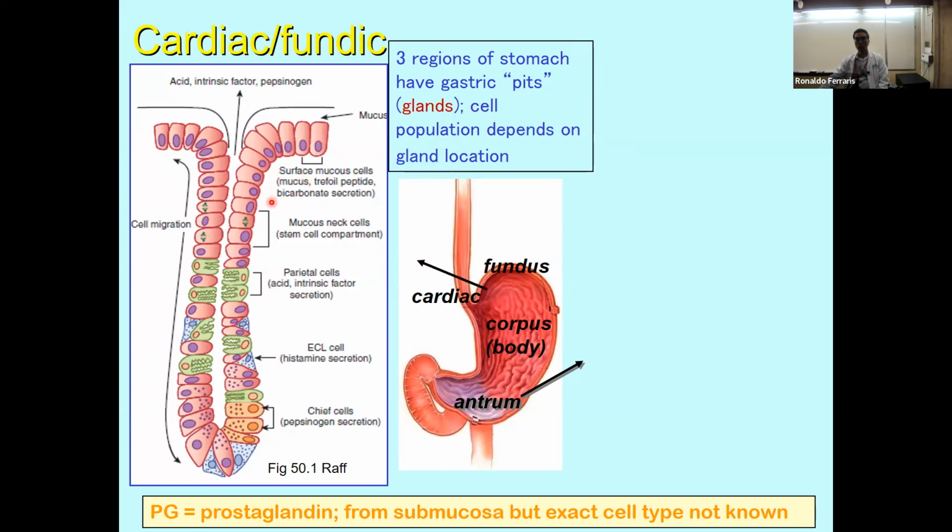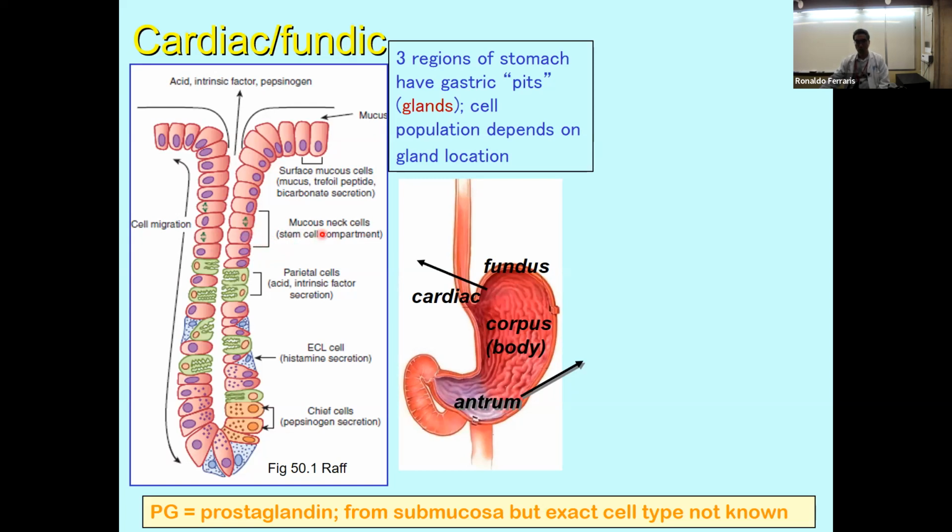Their primary secretion is mucus and bicarbonate, and I will show them to you a number of times. Below that are mucous neck cells, which, as the name implies, also secrete mucus, but they are also thought to be the stem cells in the gastric glands.